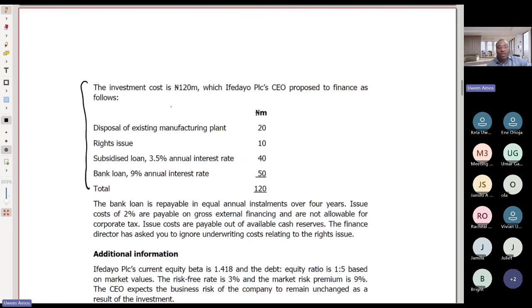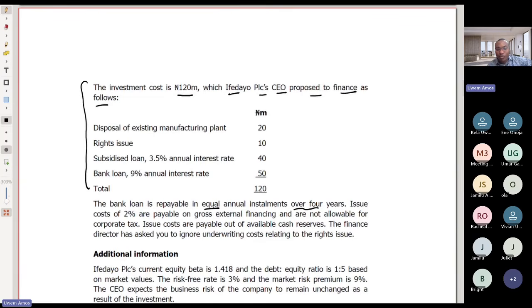It says the investment cost is 120 million, which the Ifedayo Plc CEO proposed to finance as follows: disposal of existing manufacturing plant, 20 million; right issue, 10 million; subsidized loan, 40 million; bank loan, 50 million. The bank loan is repayable in equal installments over 4 years.